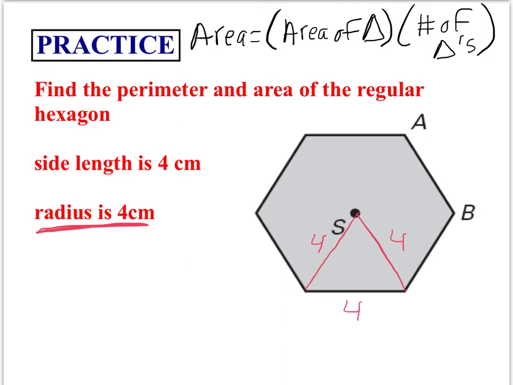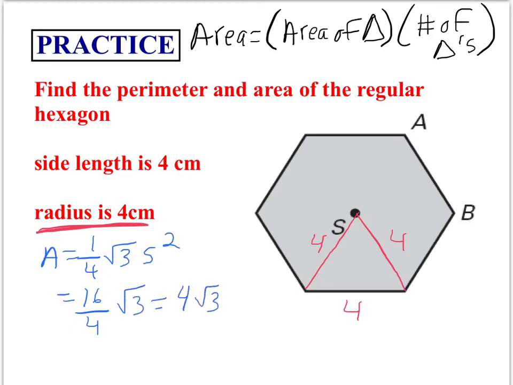So we use our equation for the equilateral triangle, which is area equals 1/4 times the square root of 3 times the side squared. We know the sides are 4. 4 squared is 16. 16 divided by 4 times the square root of 3 equals 4 square roots of 3 centimeters squared. So that's the area of triangle 1.